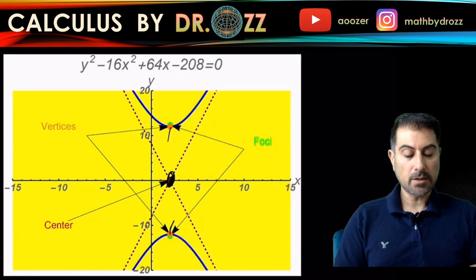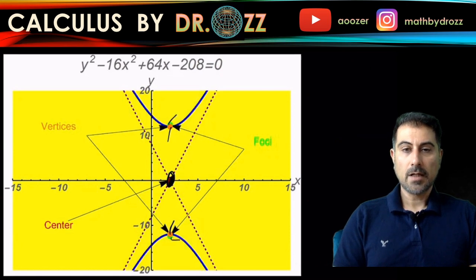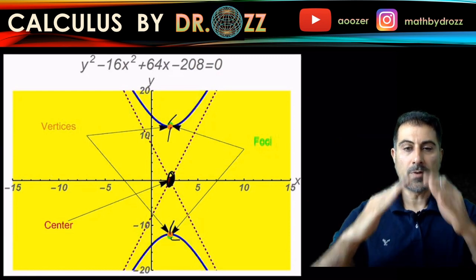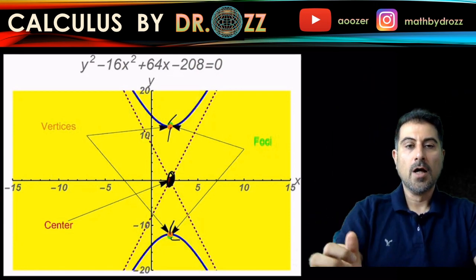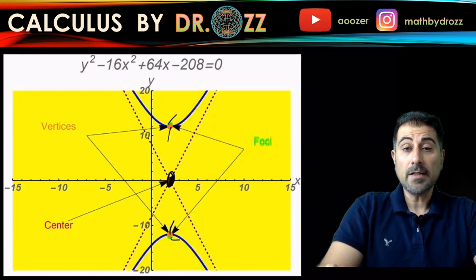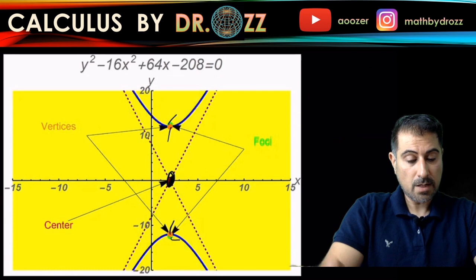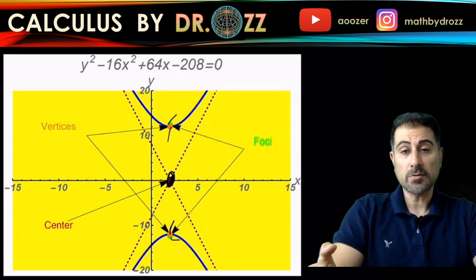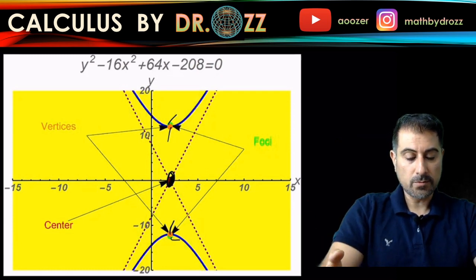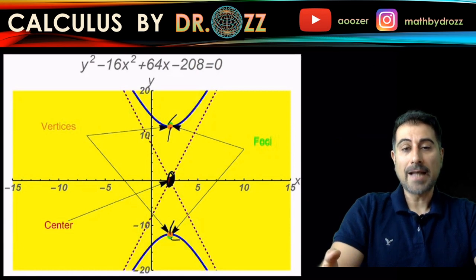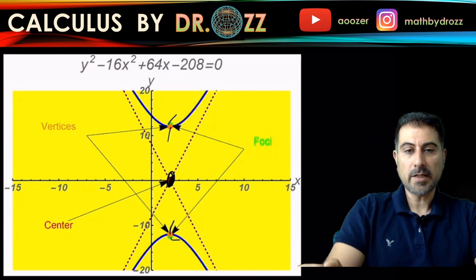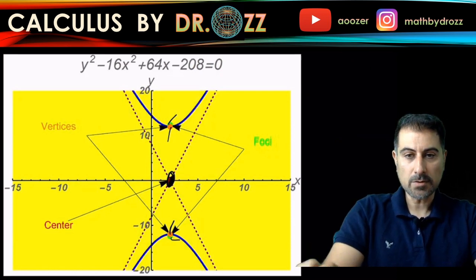Those are the locations of the foci. As you see, the asymptotes are crossing the center, and the branches of the hyperbola go to infinity along the asymptotes, because they both go to plus and minus infinity. The upper branch goes to infinity as x gets bigger and bigger, but it goes to infinity along the asymptotes, okay?